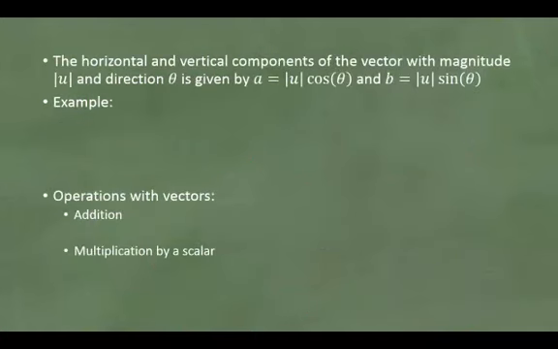The horizontal and vertical components of the vector u are given by a is equal to the magnitude of u cosine theta, and b is equal to the magnitude of u sine theta.